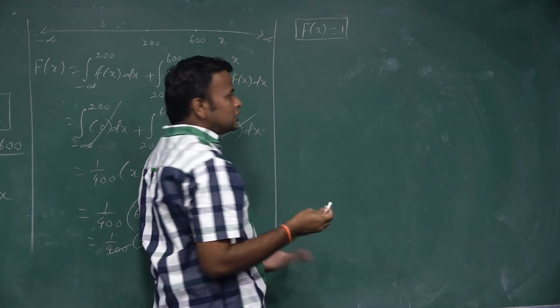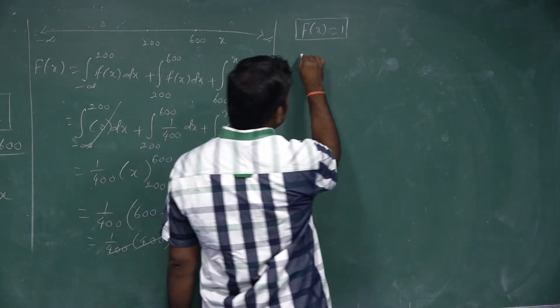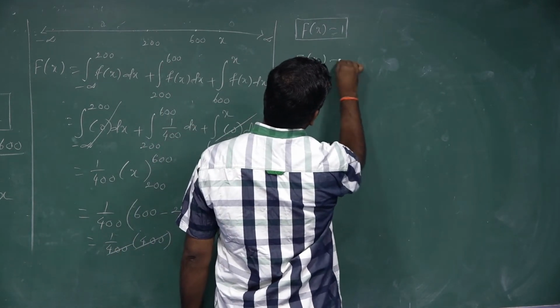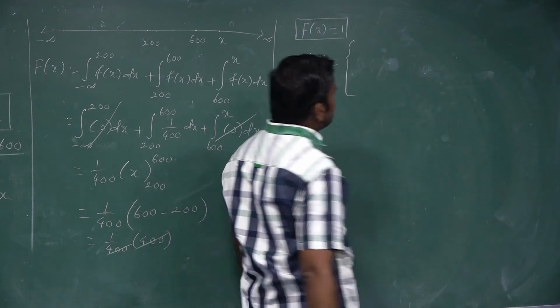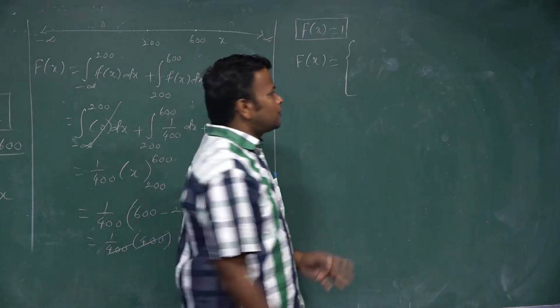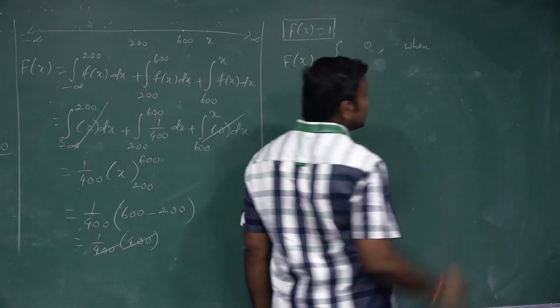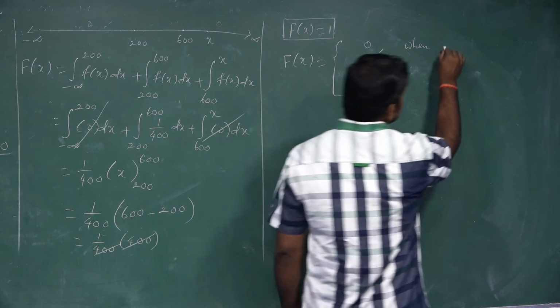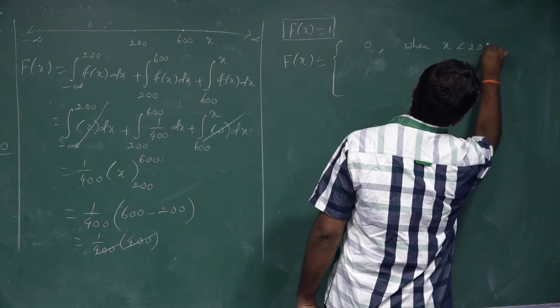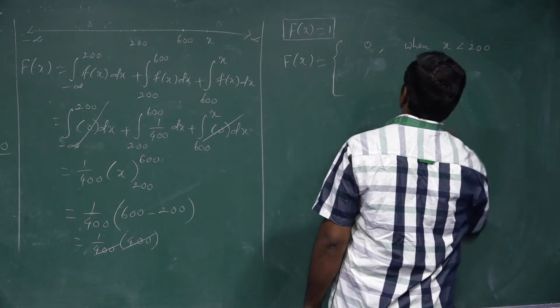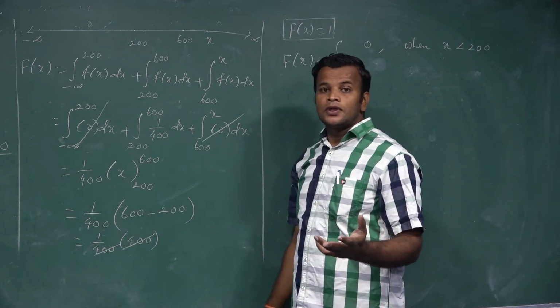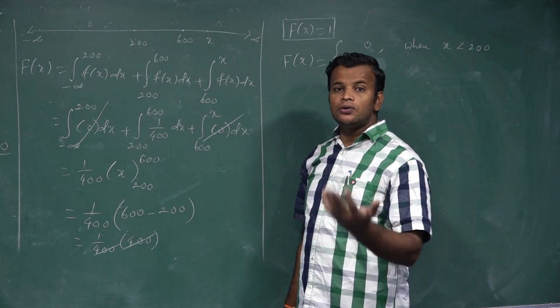We already wrote the distribution table, so now we just enter the values of capital F of x. We find there will be 3 values. The first value is 0 when x is less than 200, the first case. The second case: suppose x lies between 200 and 600.